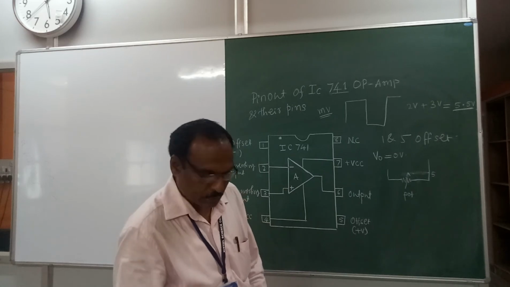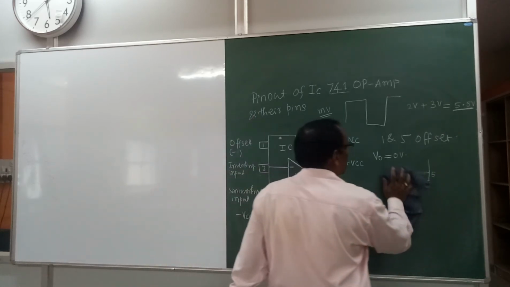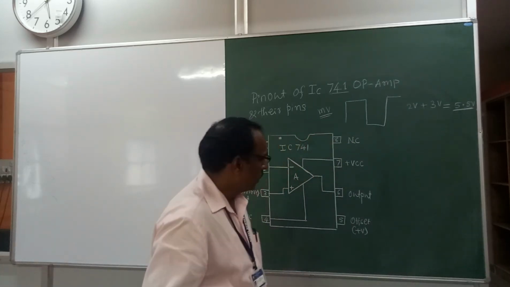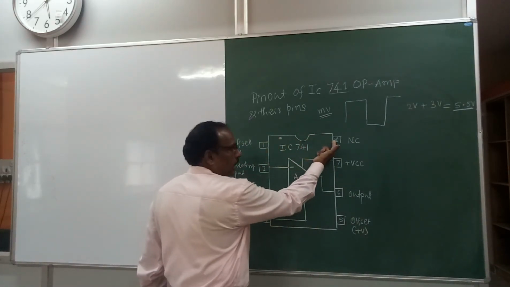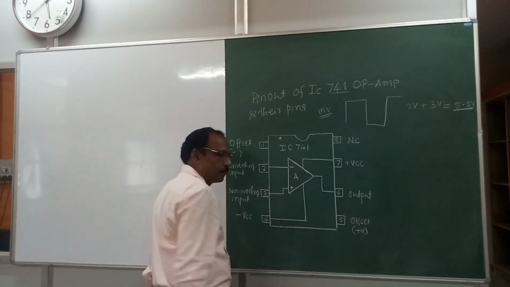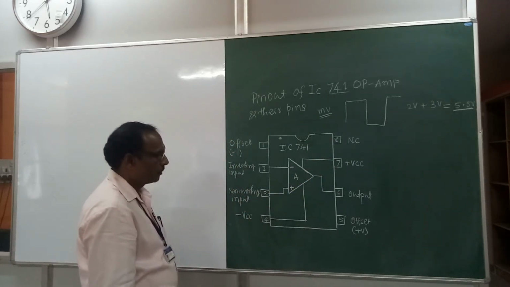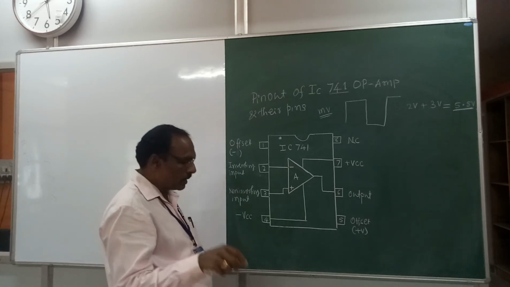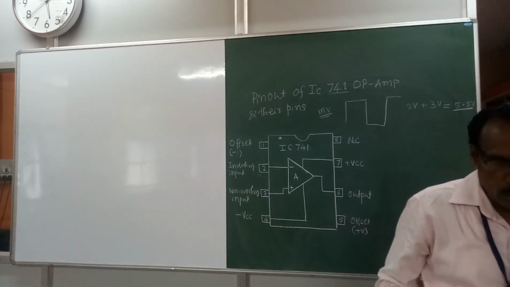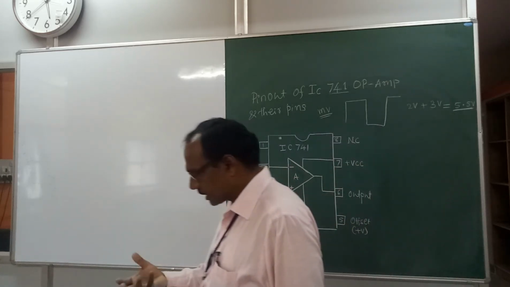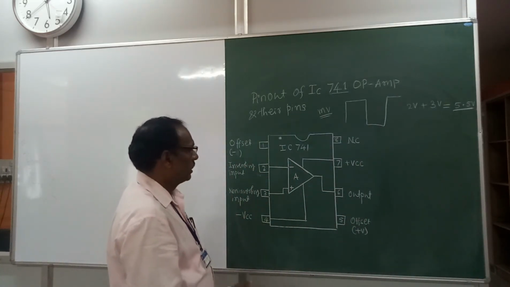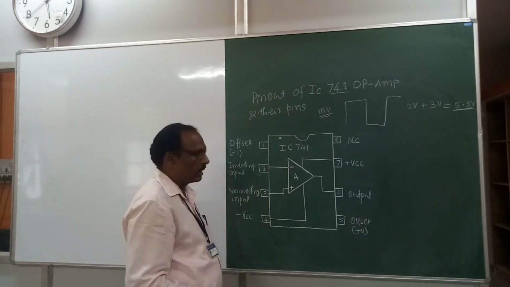Pin number 8 is in fact an extra pin, a dummy pin. There is no connection to the internal circuit from this pin. Since we want to place this IC in a circuit, on a printed circuit board or on a breadboard, a socket must be there.